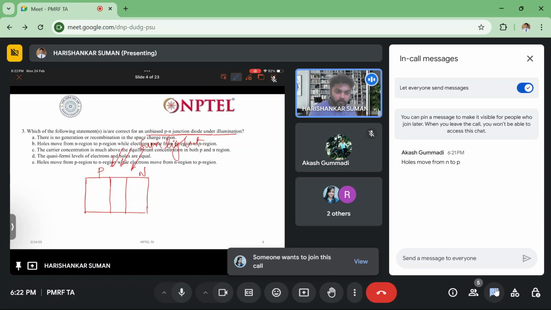Okay, answer is holes move from N to P. So in P, majority is holes, while this is electron. Let's say some electron maybe, some hole maybe. So now choose your answer. This is negative immobile charge carrier.